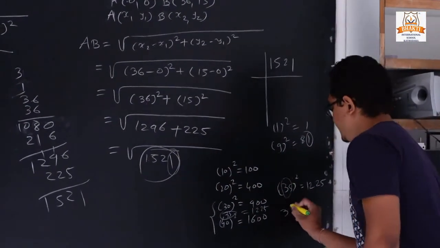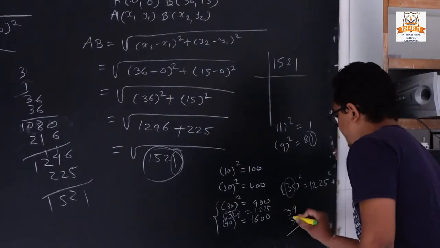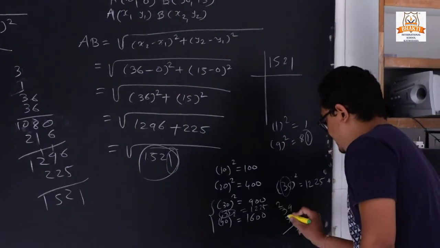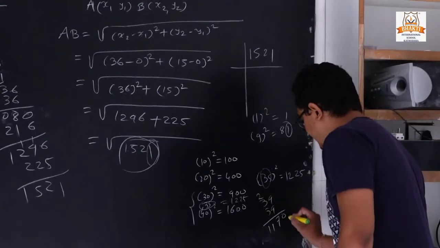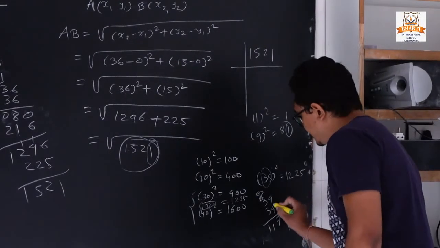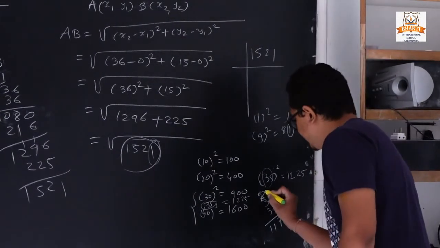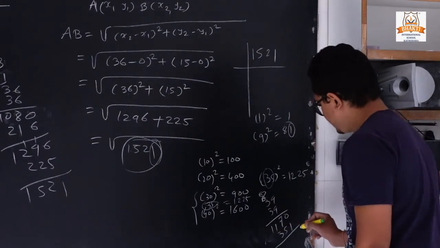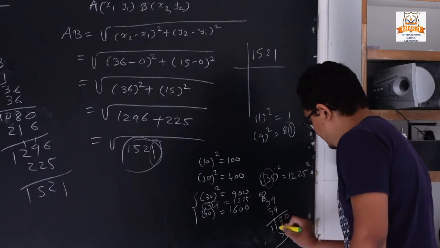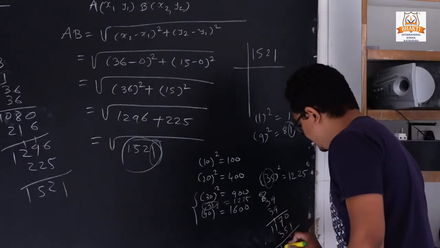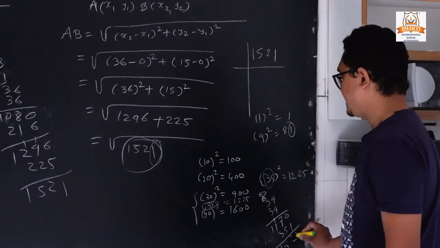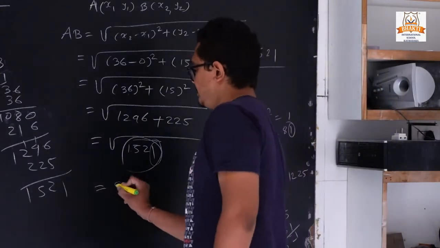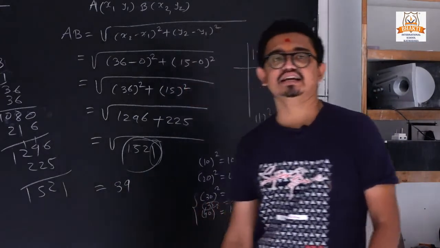We can check 39 into 39. 9 3s are 27, 9 plus 2 is 11, 9 9s are 81, so 8 carry. 9 3s are 27, 27 plus 8 is 35, 1 12, so 5. So what is the square root of 1521? It is 39.